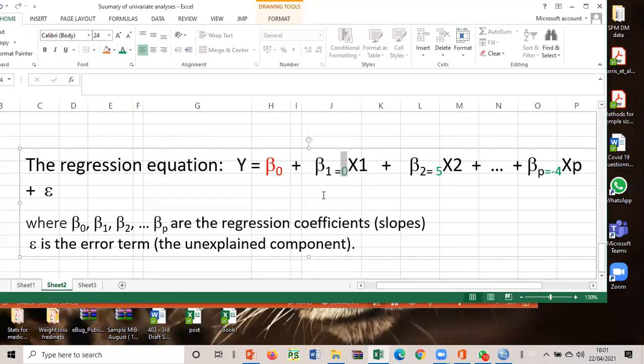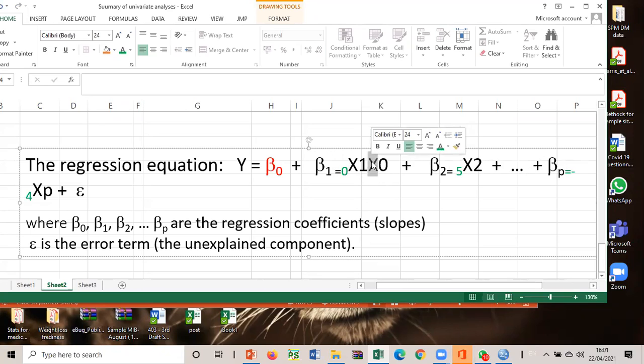If I give you an equation like this, I ask you, which variables are associated with y? Does y depend on x1? No, because this must be times by 0, whatever value times by 0. So this value disappears in the model.